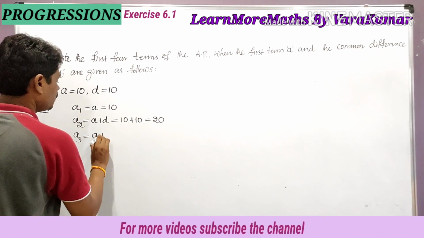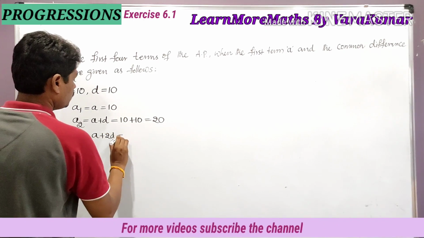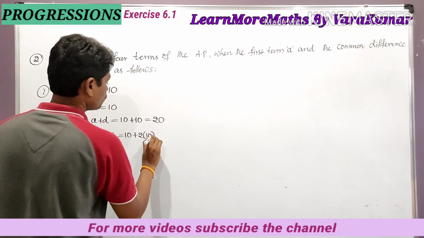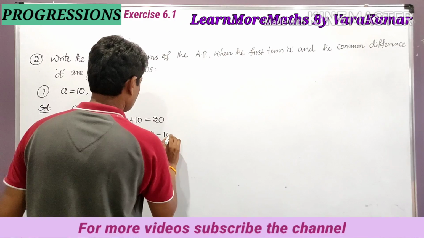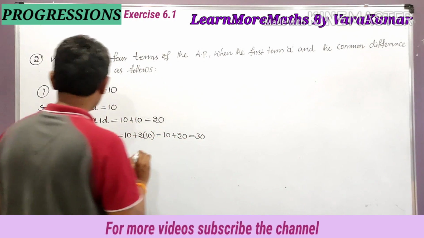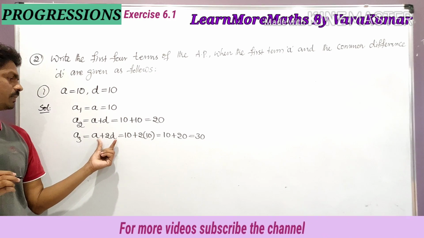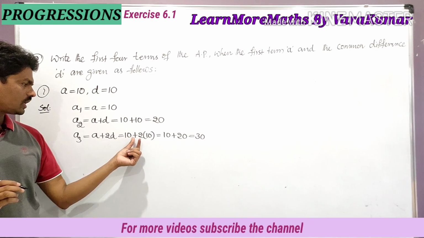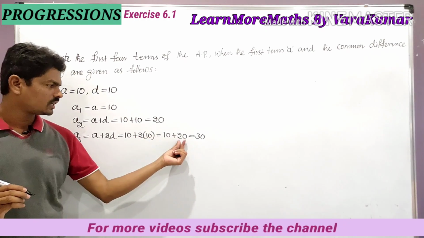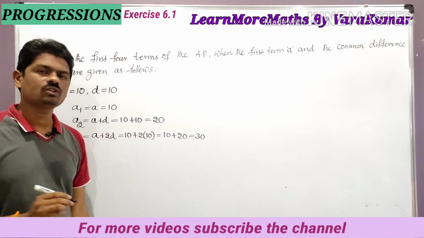It is a plus 2d. a value is 10 plus 2 into d value is also 10, that is 10 plus 20 is 30. So see, student, a3 is equal to a plus 2d. 10 plus 2 into 10 is 20. 10 plus 20 is 30.